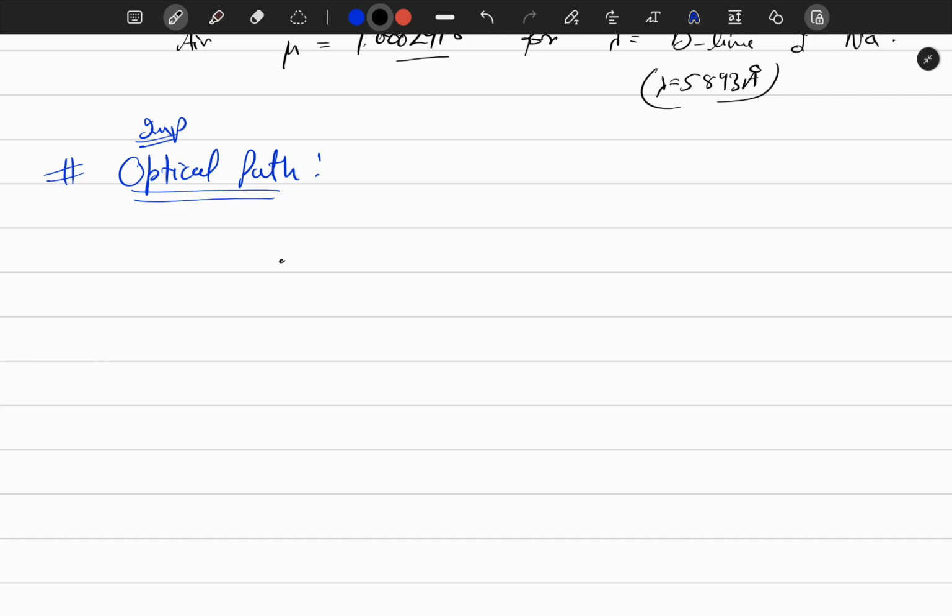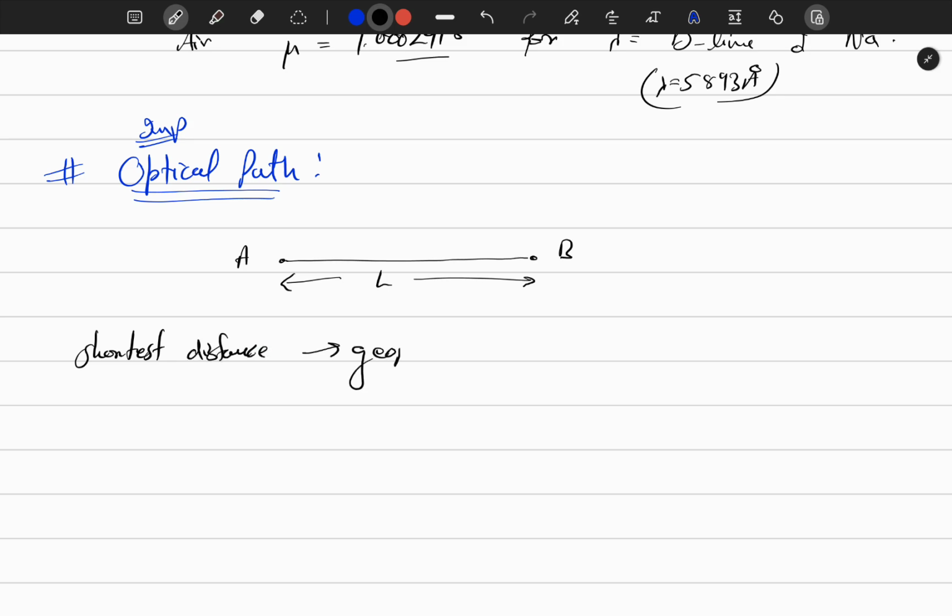The shortest distance between two points A and B, which is a straight line, is called the geometric path.